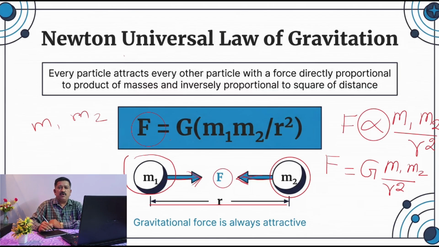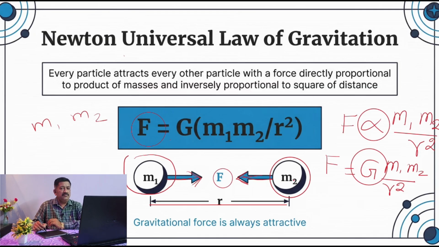Two objects having mass 2 kg and 5 kg are separated by, say, 15 meters. So the distance, m1 and m2, all the values are given in that question. So we have to calculate the force. For calculating the force, the G value is a constant that you have to keep in your mind.